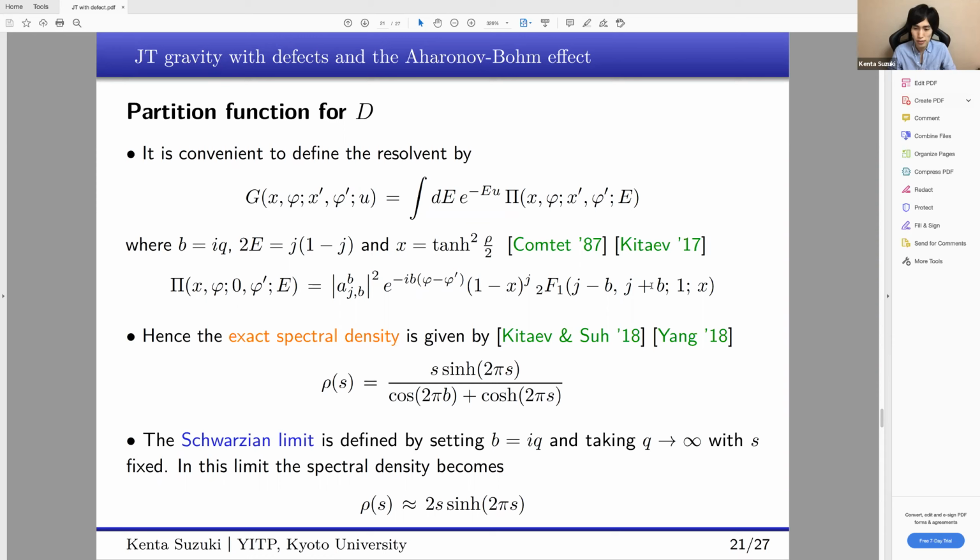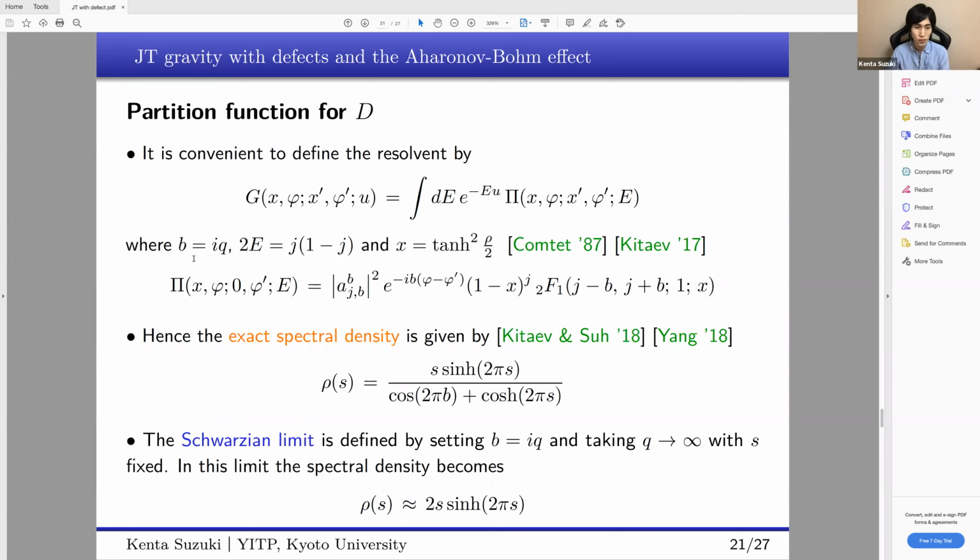And here, for the solution of the resolvent Pi, I set x prime equals 0, simply because this simplifies the expression. However, we can also write down a general expression for general x prime by using the underlying global SL(2) symmetry.